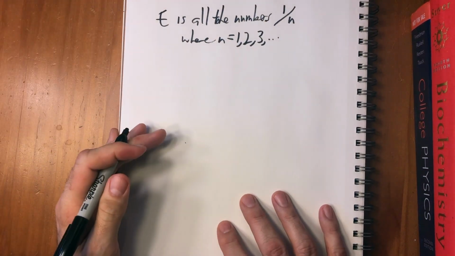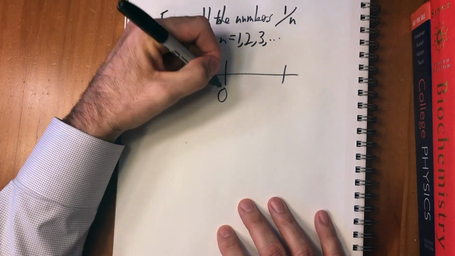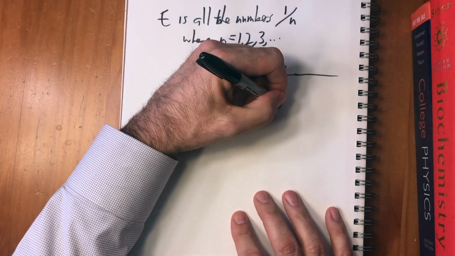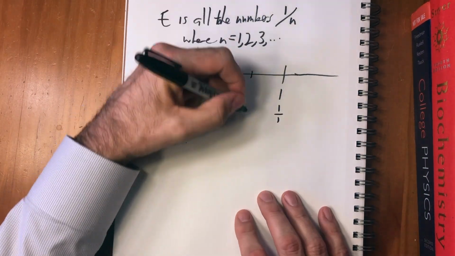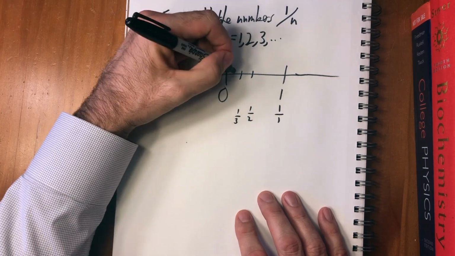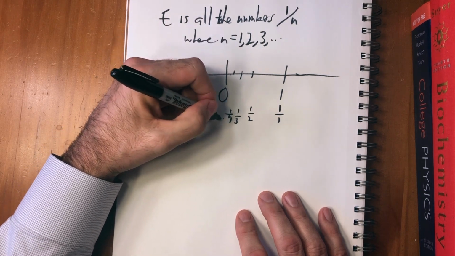So what is this set? We have 0 here, 1 here. So 1 over 1 is here. 1 over 2 would be here. 1 over 3, 1 over 4, and so on, going over that way, right?